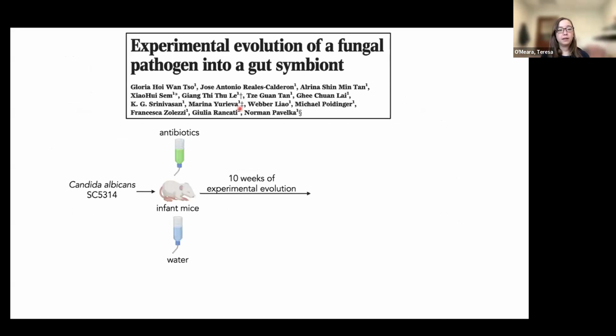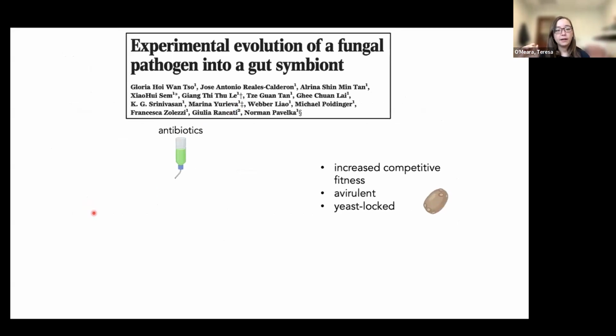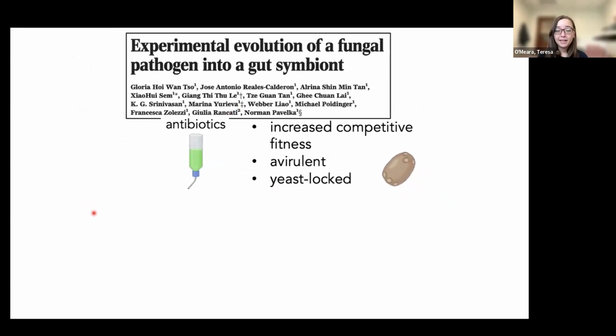So I want to go back to that original experimental evolution paper, where we took that reference strain SC5314 and colonized mice over 10 weeks of experimental evolution. They get these consistently avirulent and yeast-locked strains. But what's important here is that this was done in the presence of antibiotics. When they did the same experimental evolution in the absence of antibiotics, you don't get any of those phenotypes.